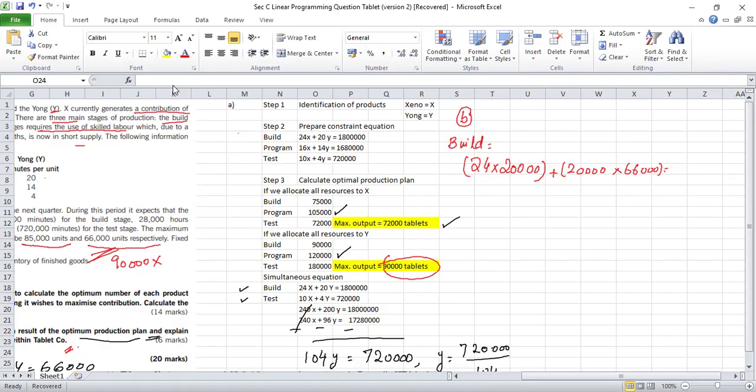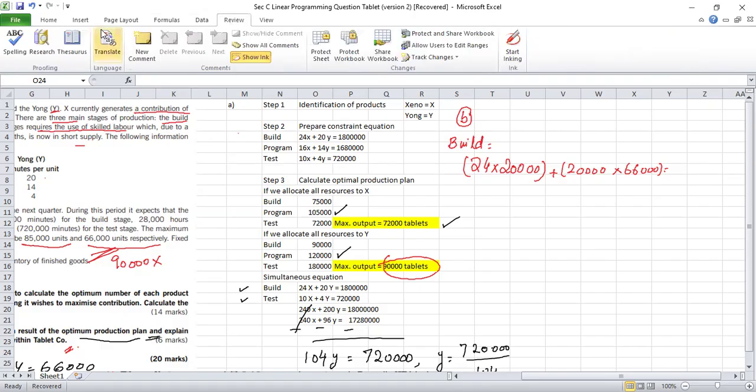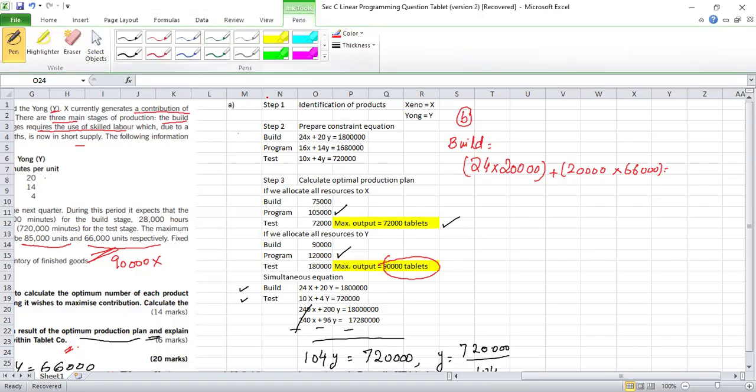So 1.8 million fully utilized over here. There is no slack. Here we have utilized all the 1.8 million minutes. So we will say no excess or no slack.